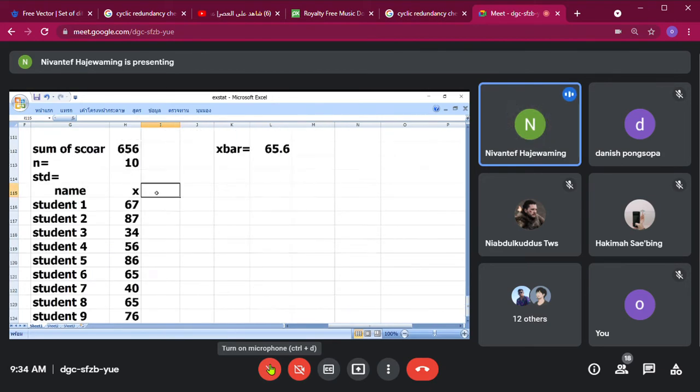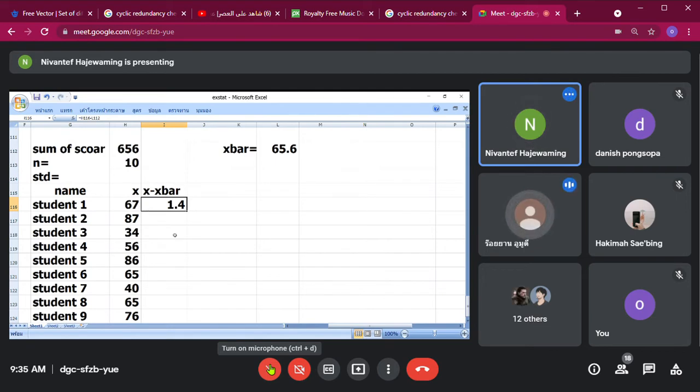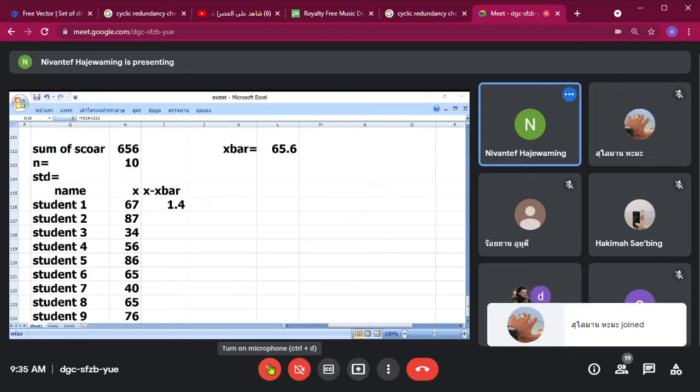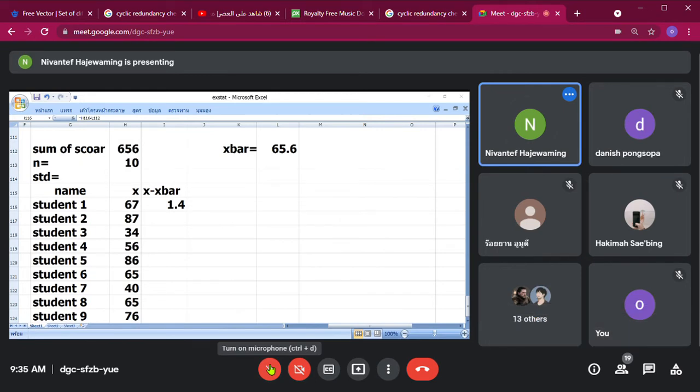This one we calculate X minus X bar first.